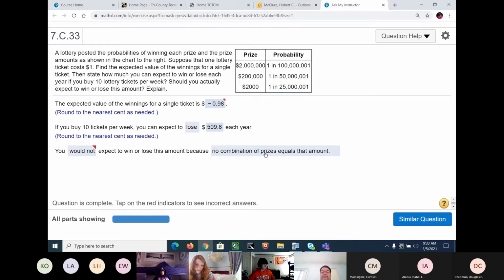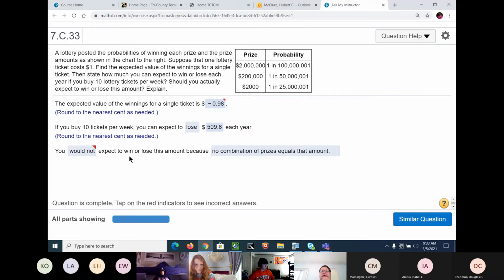Now, this one is not confusing, because it says no combination of prizes equals that amount. So that's why this does not equal any of the prizes, so that's why I put that. But this right here, would not expect to win or lose, is like being pregnant and not being pregnant at the same time.